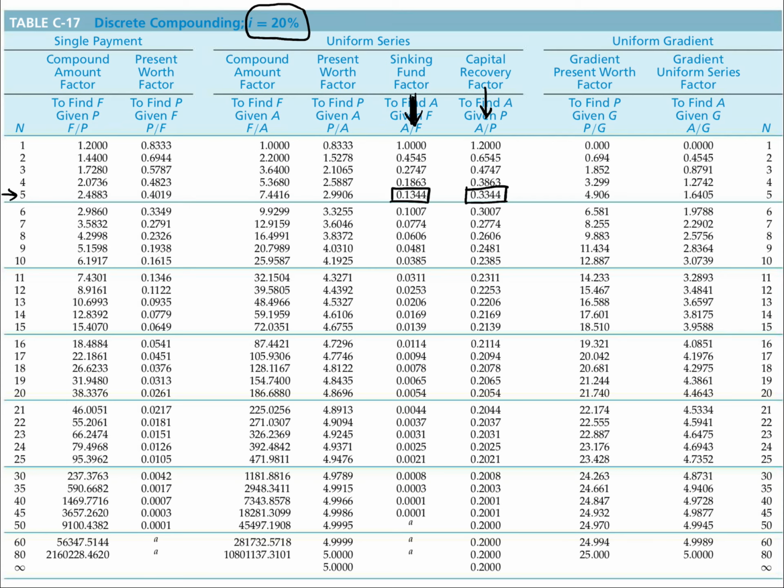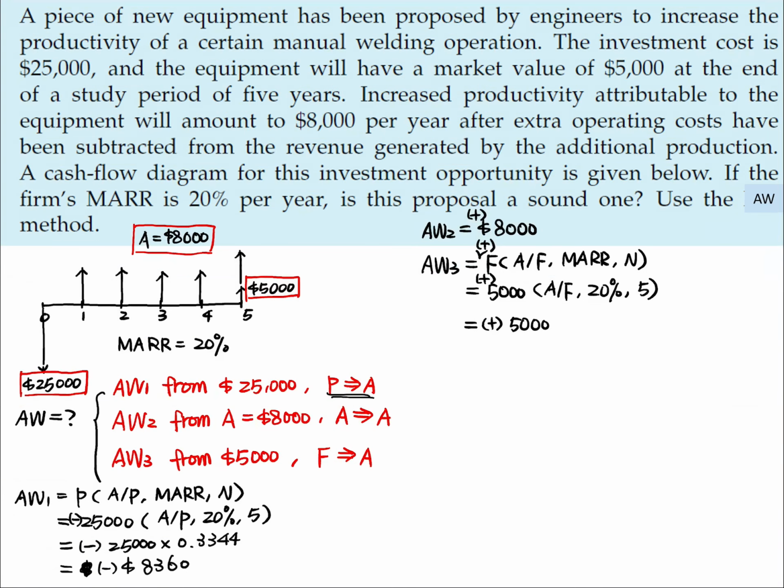So positive 5,000 times the factor from the column of A/F, and the number of n is 5. So that's the factor, 0.1344. The final result is 672. So what is total AW? That's the sum of these three parts.